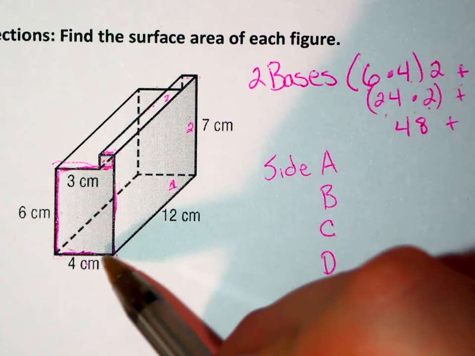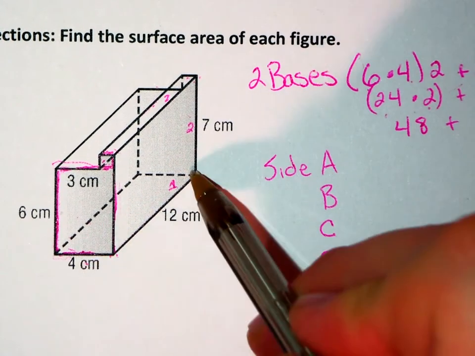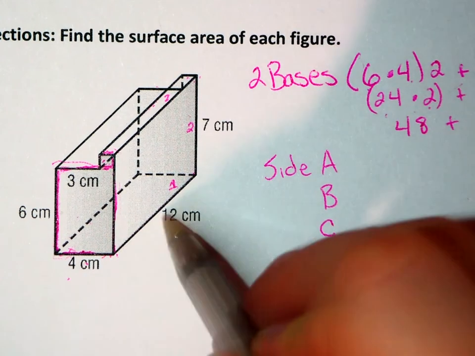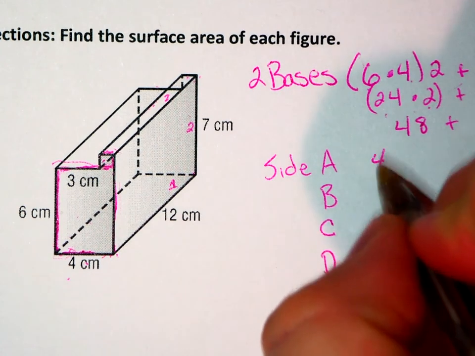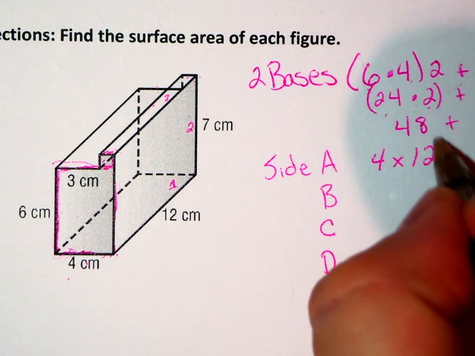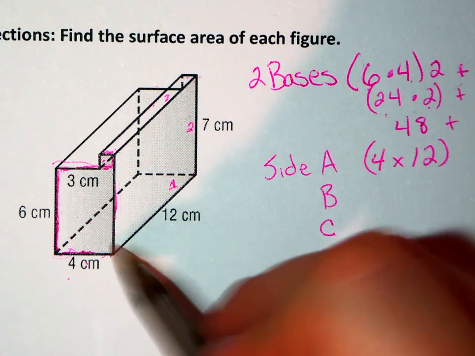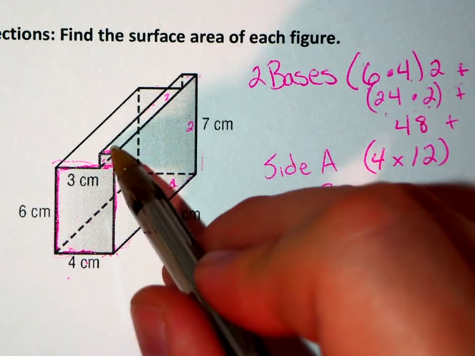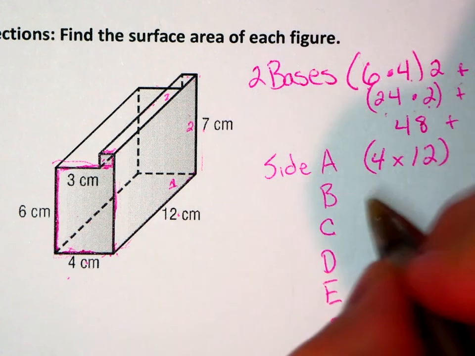So, starting on the bottom, the dimensions for this bottom rectangle are 4 times 12. Working up the right side now, the dimensions for this big rectangle are 12 times 7.